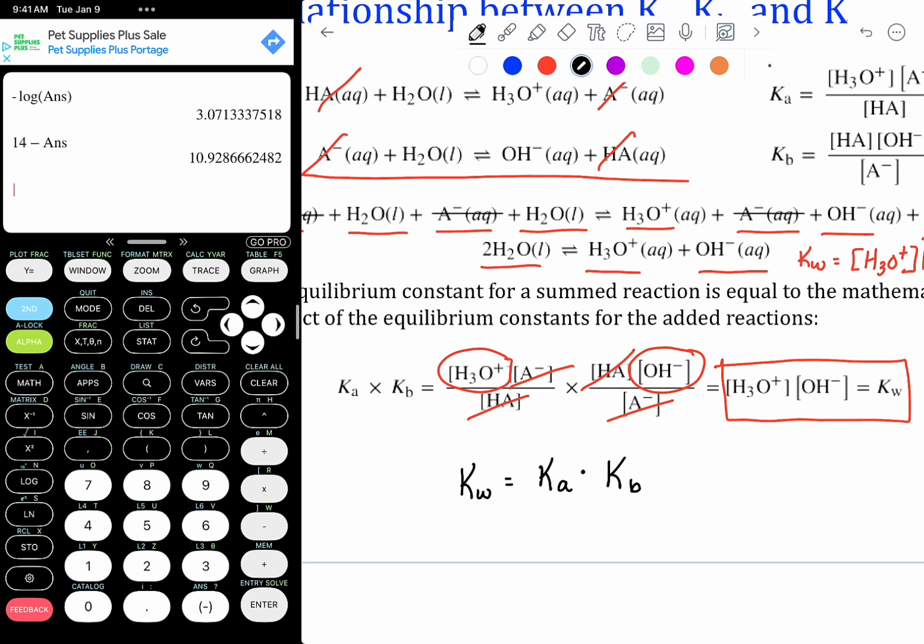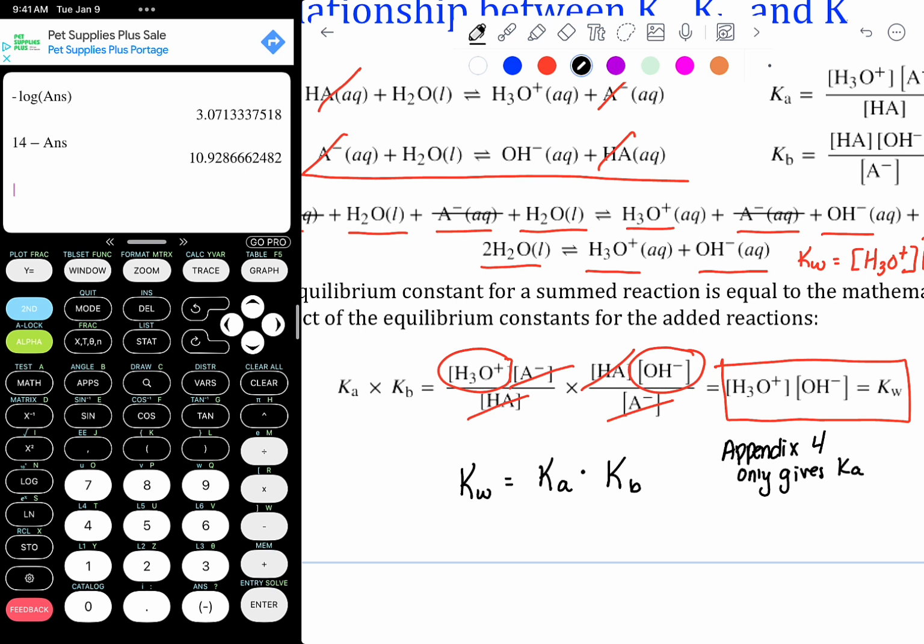So if you know a Ka at 25 degrees Celsius and you need to find a Kb, then you need to use this expression. Appendix 4 in your textbook only gives Ka values. Even for bases, it gives you a Ka.